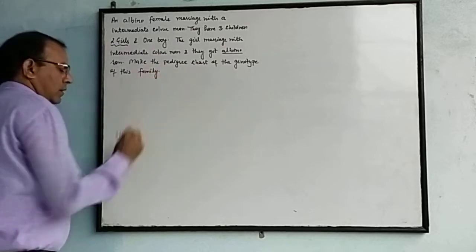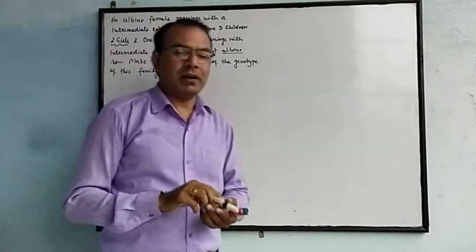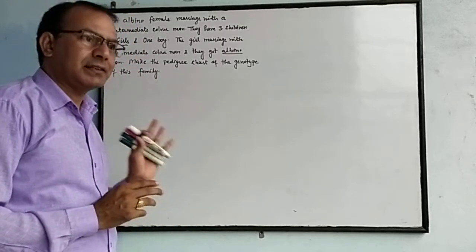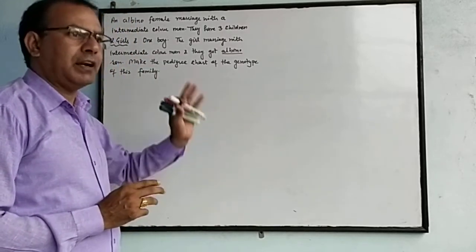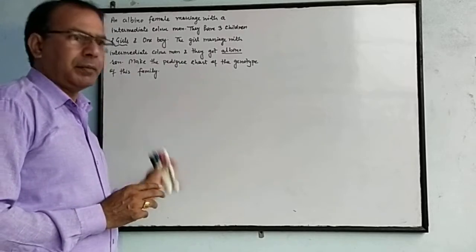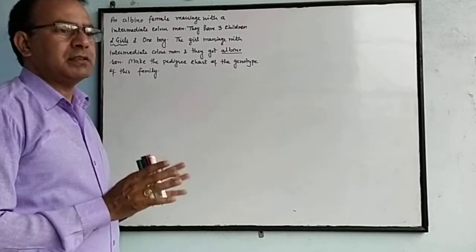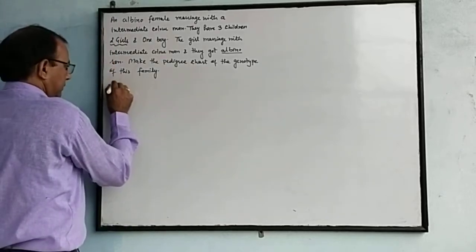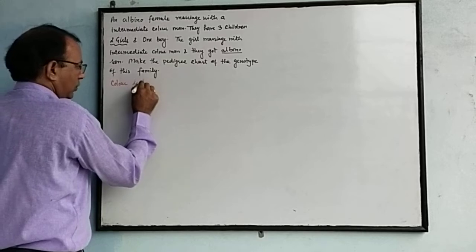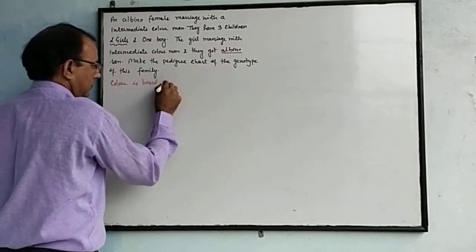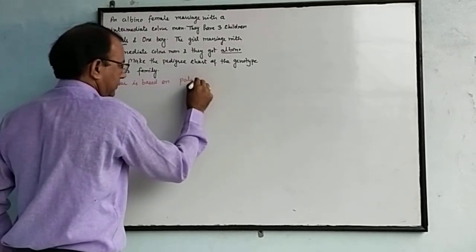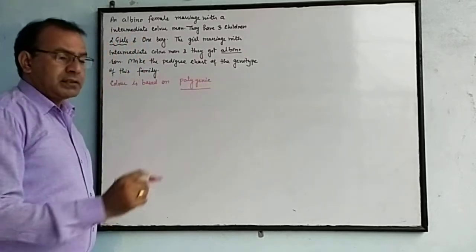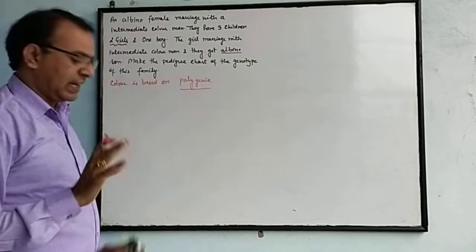Clear? We know that color is different, so it is based on polygenic inheritance, as we have discussed already. Fair color, bright fair, black, intermediate, which are polygenic, means three pairs of genes are present.